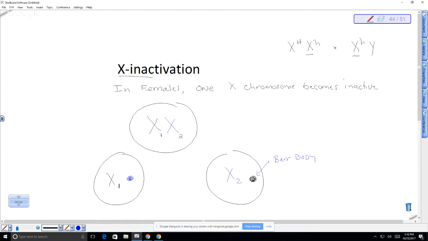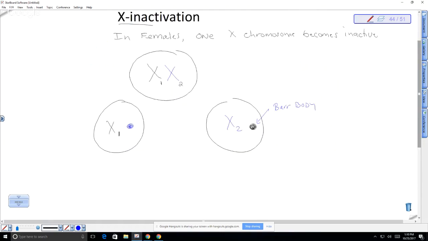So let's look at an example of a trait, and this is in calico cats. Any inactive chromosome like that instead of 2 is called a bar body? It's the inactive X. X inactivation only occurs in the X, not any of the other chromosomes.